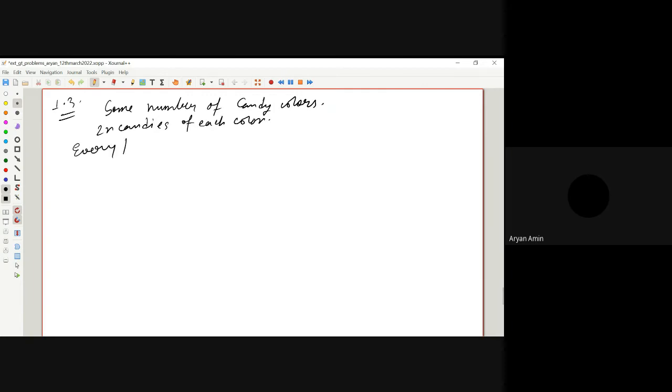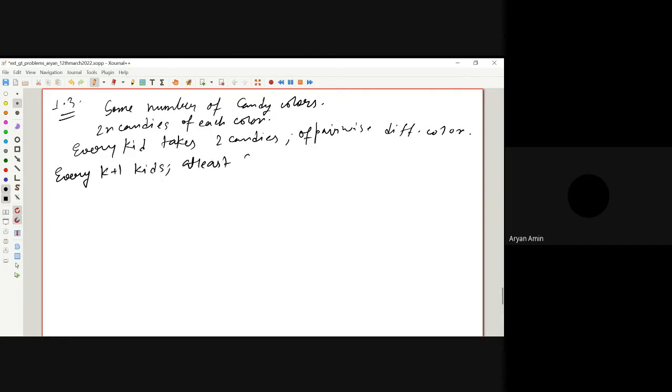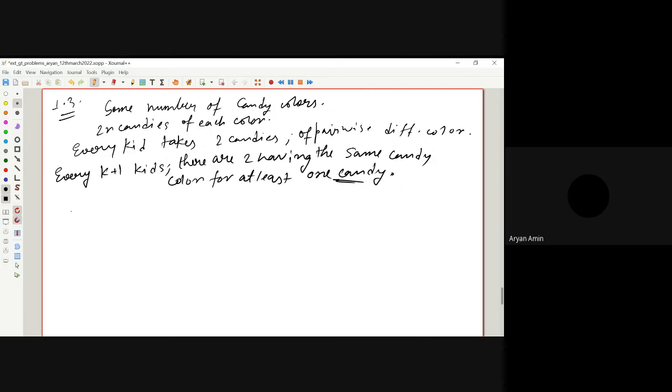Every kid takes 2 candies of pairwise different colors. Among every k plus 1 kids, at least 2 have the same candy color for at least one candy. So find the max number of children.